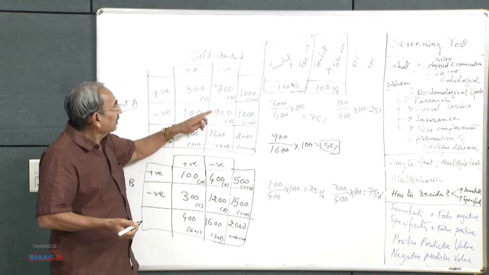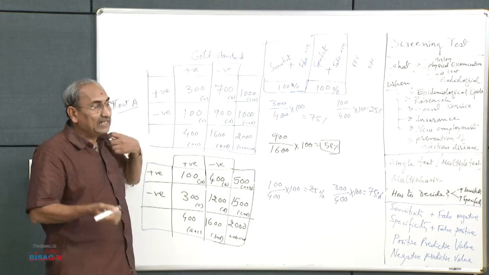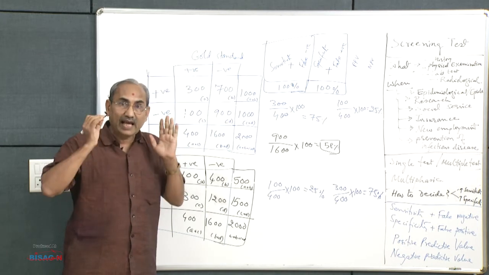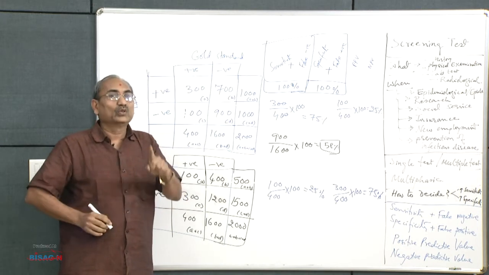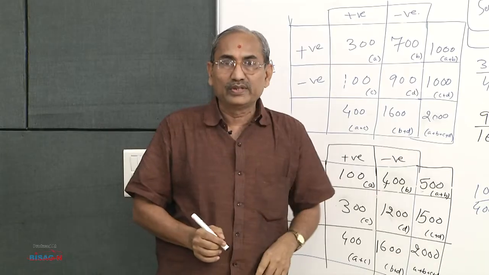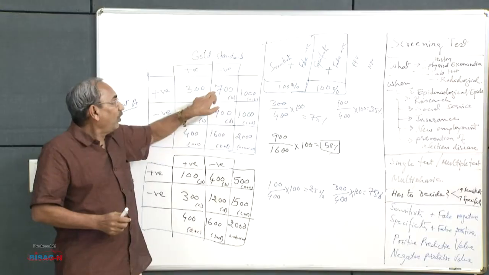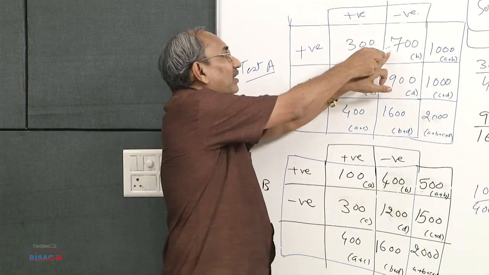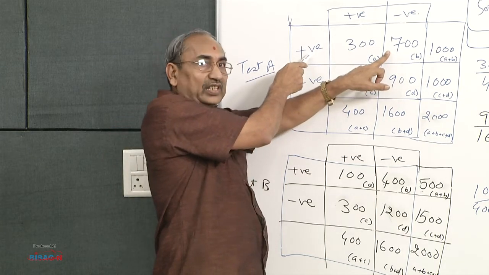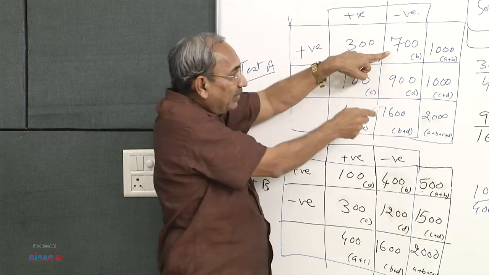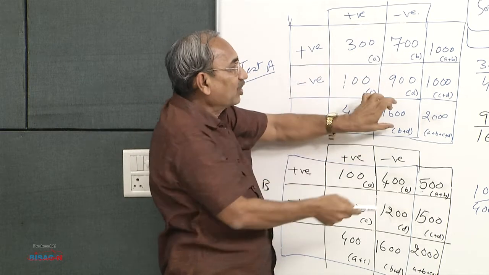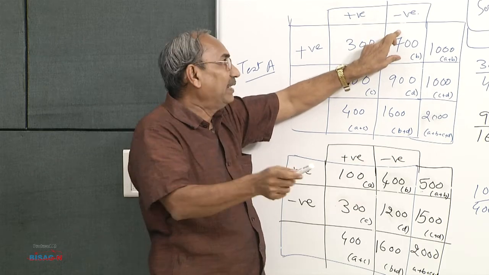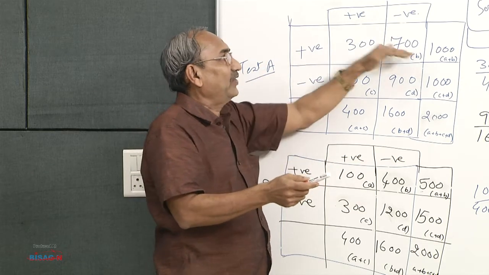And now we want to talk about falsely labeled as positive. Because you see this 700 figure was labeled as positive by test A even though they were negative. Out of 1600, these 700 which were negative were labeled as positive by this test.